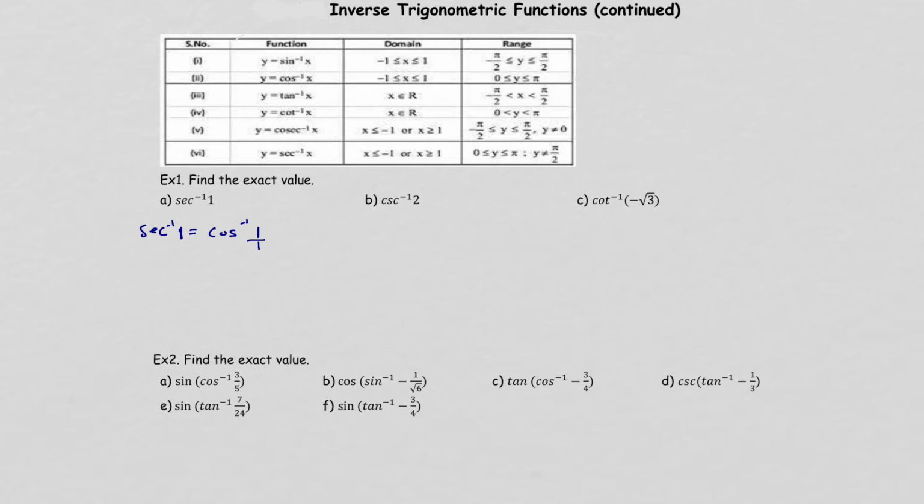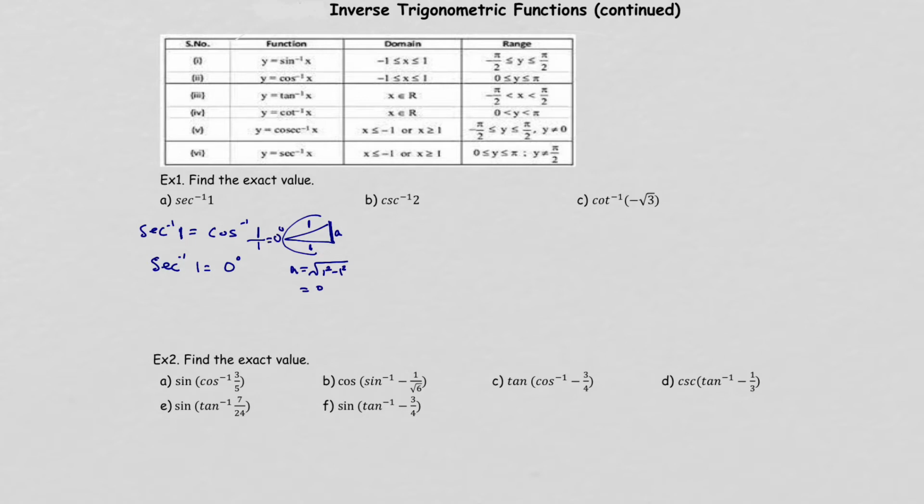And if your cosine is 1 over 1, then your A, which is the height, has to be 0, because A equals the square root of 1 squared minus 1 squared. So that will be 0. When the height is 0, your angle must be 0. So your secant inverse of 1 should be 0 degrees.